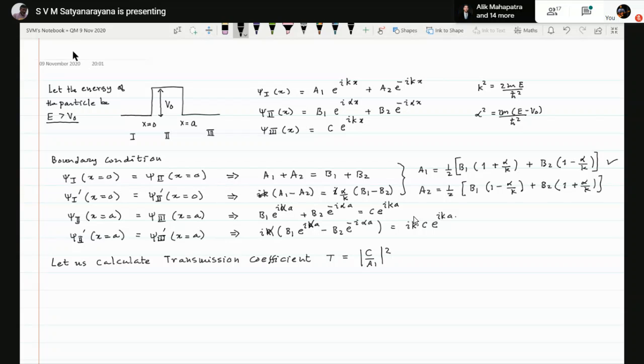So now what I will do is, here also let me take this on the other side. So it will become k by alpha.